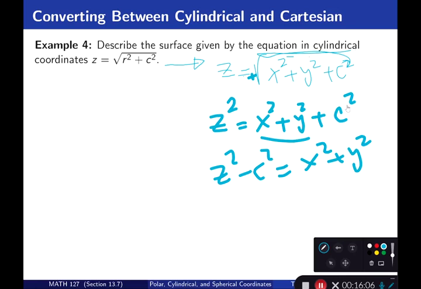So from here, I know that z squared has to be bigger than c squared.